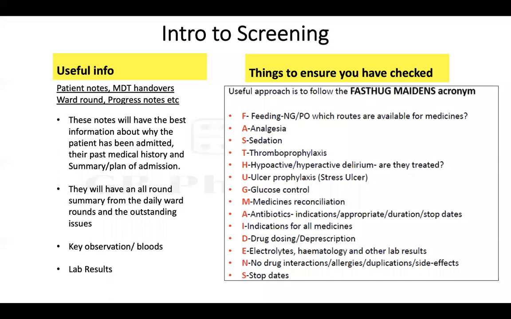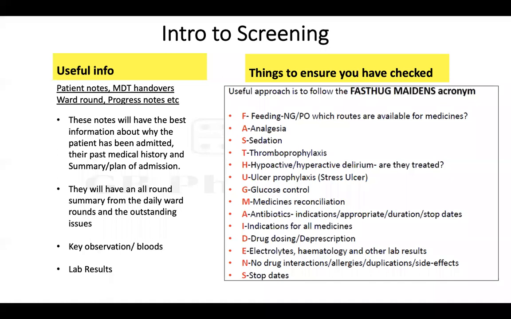So the first point when I would screen the drug chart is to look at the notes, see why they're in, what issues they have, past medical history, social, smoking history, and what the plan of the admission is. They're in an acute setting, so we want to keep them there for as short as possible, and get them back out safely.